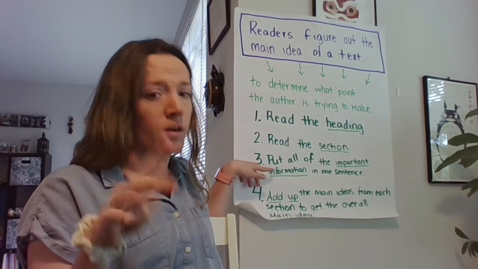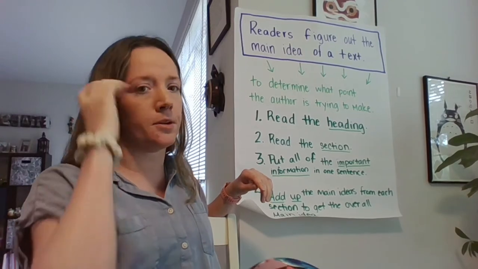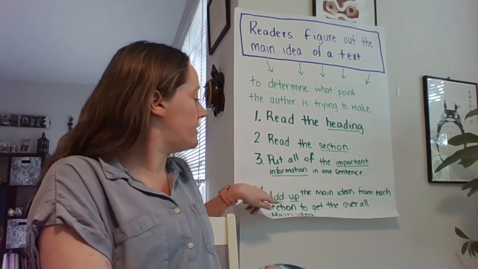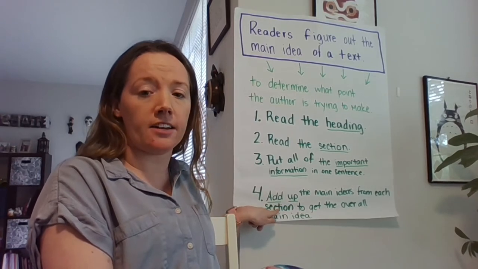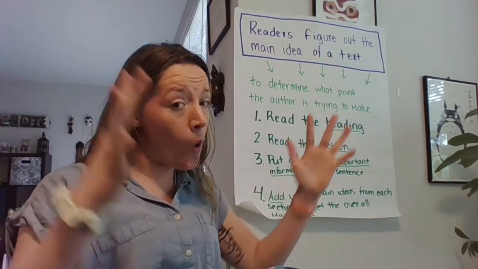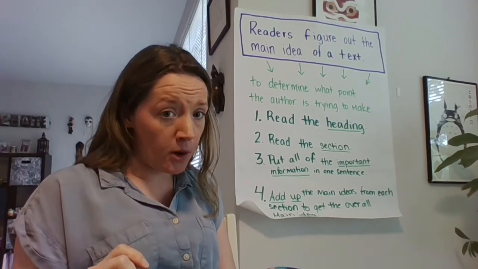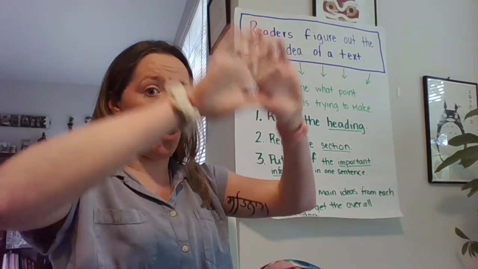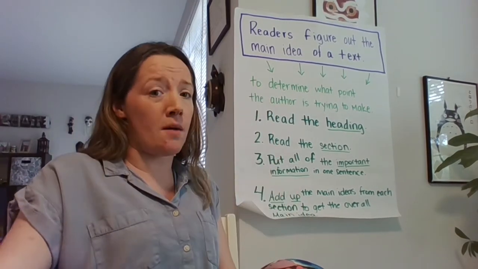Now I'm on to step 4, which is probably the trickiest part of this whole main idea concept, okay? Step number 4 says, I'm going to add up the main ideas from each section to get that overall main idea, okay? Now this is the tricky part because you need to identify all the main ideas in each section and then come up with that one overall main idea.